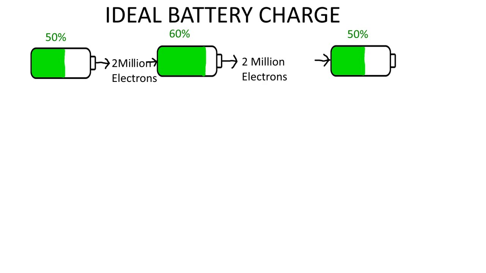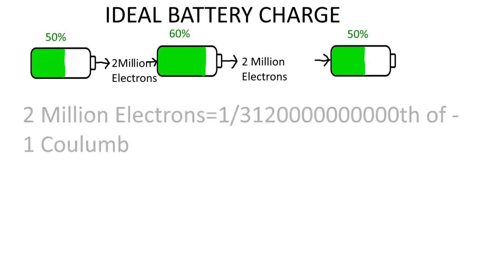Then, assuming a perfect system, a perfect circuit, I could extract 2 million electrons, which would bring that 60% battery back down to 50%, assuming no loss.